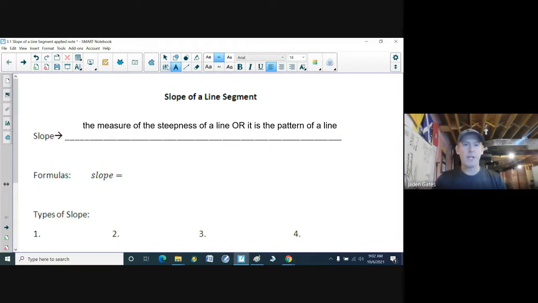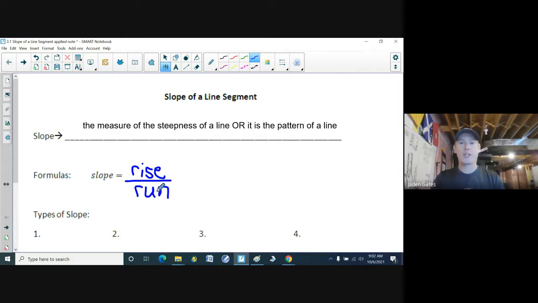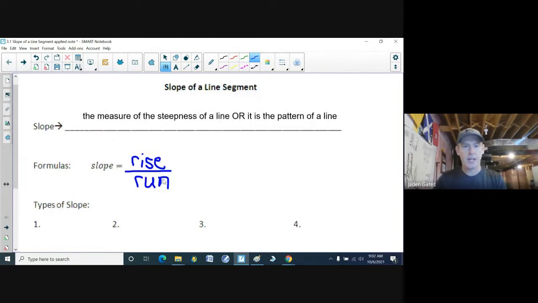Now, a formula that we're going to use for slope is rise over run, where your rise looks at how fast or how much your line is going up or down, and your run is a measure of how long that takes. And again, we will get to that.